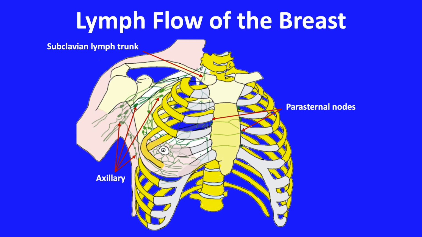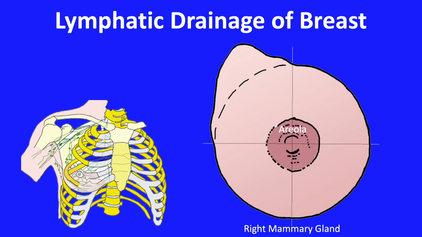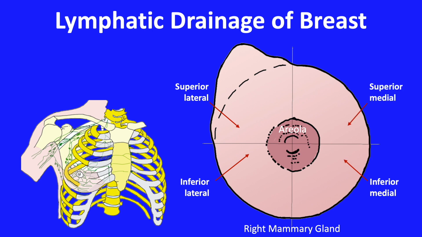It should be emphasized, however, that breast lymph drainage is of significant clinical relevance. Interestingly, clinicians divide the breast into 4 quadrants as shown in the image. These include the superior lateral, the inferior lateral, the inferior medial, and the superior medial quadrants.